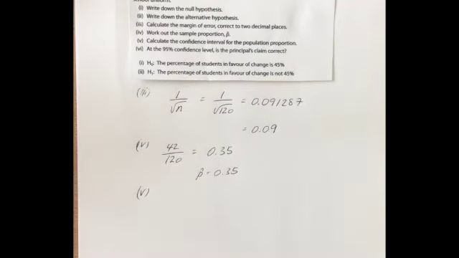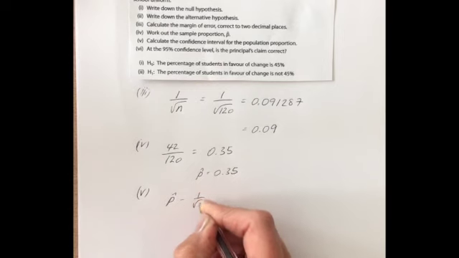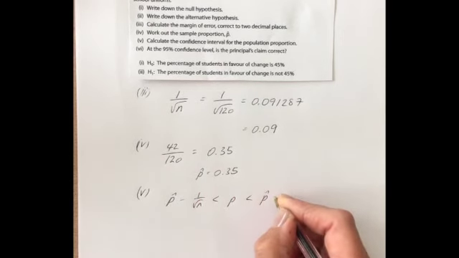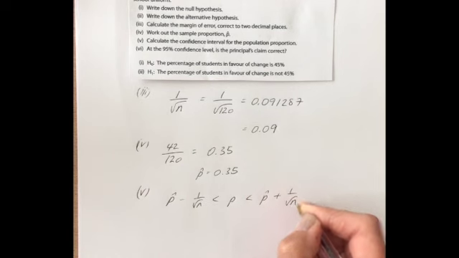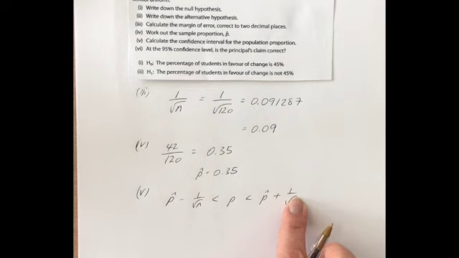Part 5 is now asking you to calculate the confidence interval. So if you remember from our steps, the confidence interval is always going to be the sample proportion minus the margin of error and the sample proportion add on the margin of error.